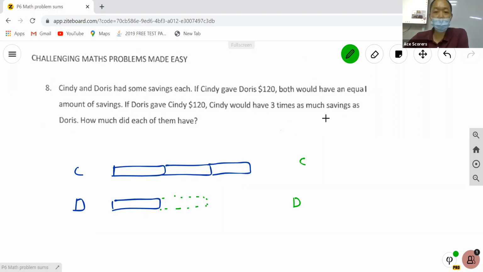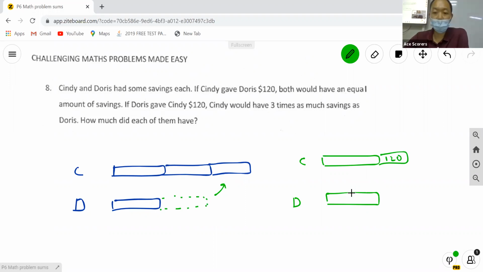If Cindy gave 120, both are equal, right? Equal. So if Cindy gave Doris 120, so Cindy had like 120, right?